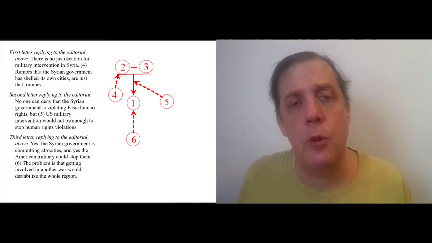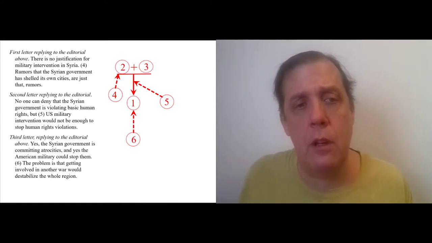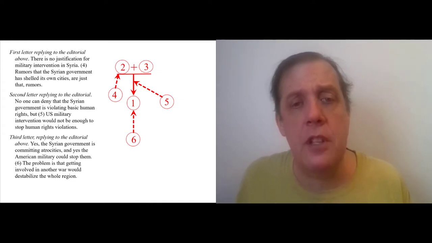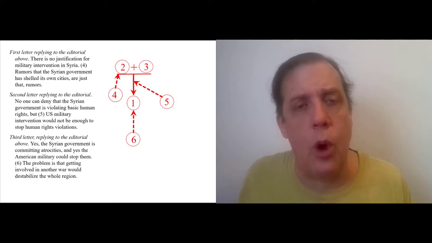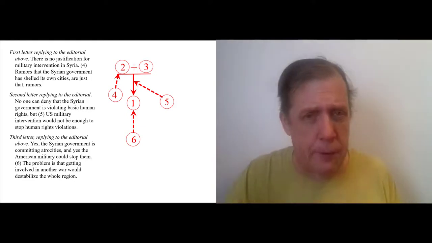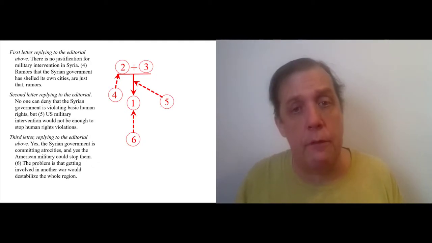Statement 5 was an objection to the inference, because the person who wrote that letter acknowledged that both statements 2 and 3 were true, but felt that that wasn't enough to show the conclusion. And then statement 6 from the third letter writer just gives an independent reason to not want to intervene militarily. This person is conceding basically everything, but still doesn't want to do it for other reasons.